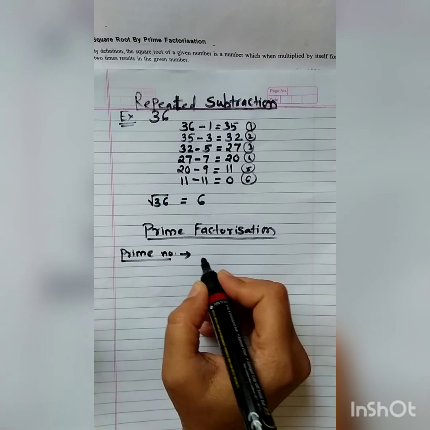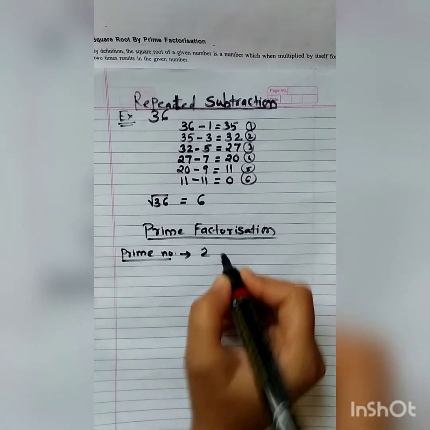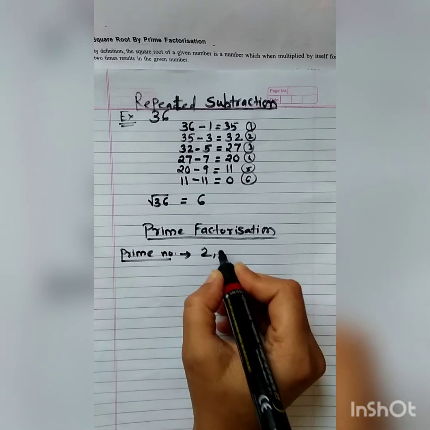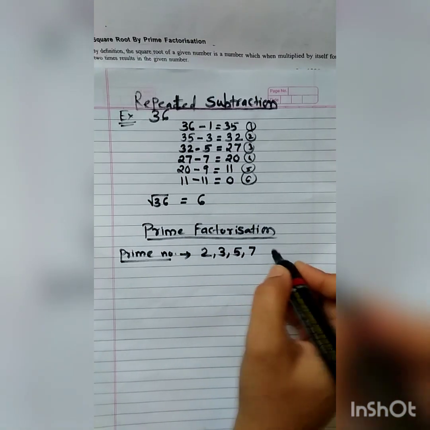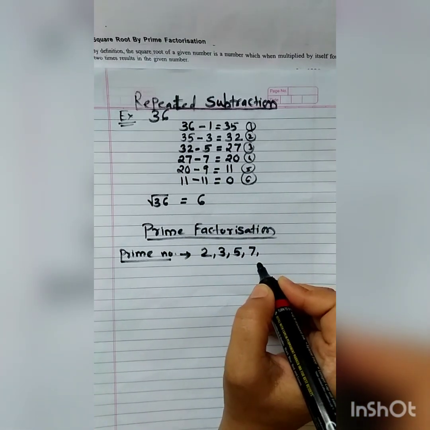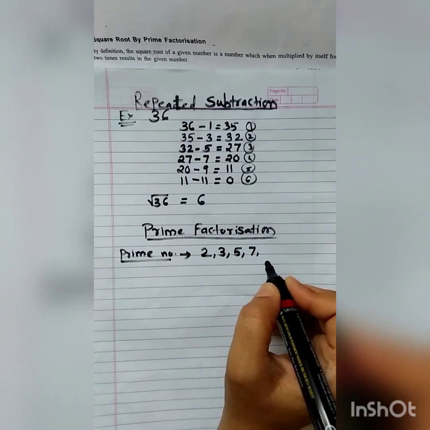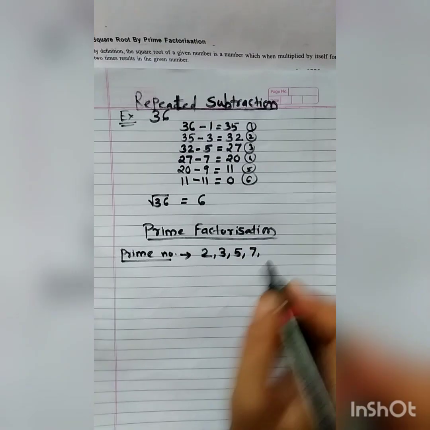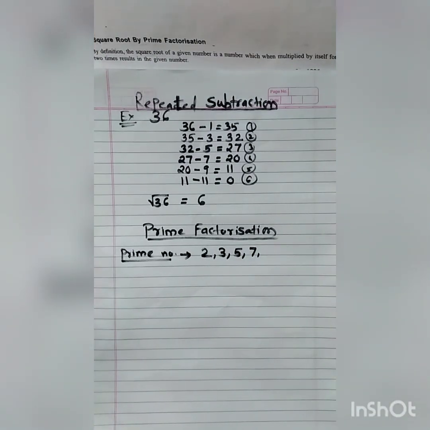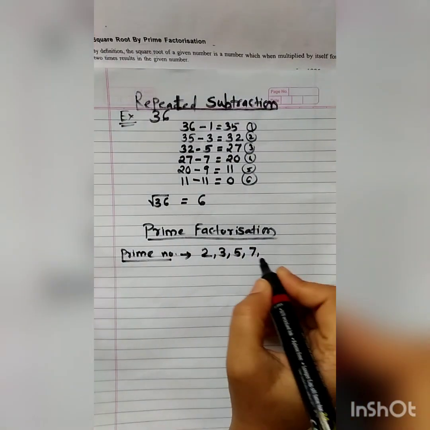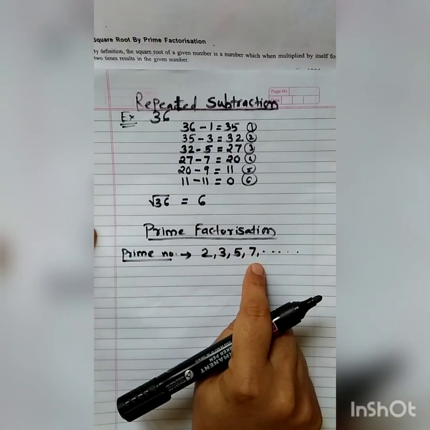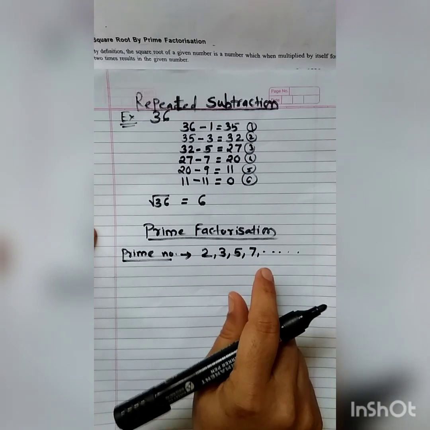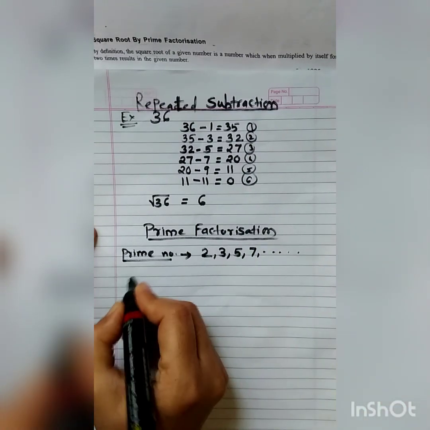It means the prime numbers start from 2, then 3, 5, 7. 9 is not a prime number, because 9 is an odd number but it comes in the table of 3. So we have to use only prime numbers while finding the prime factors of the given number.